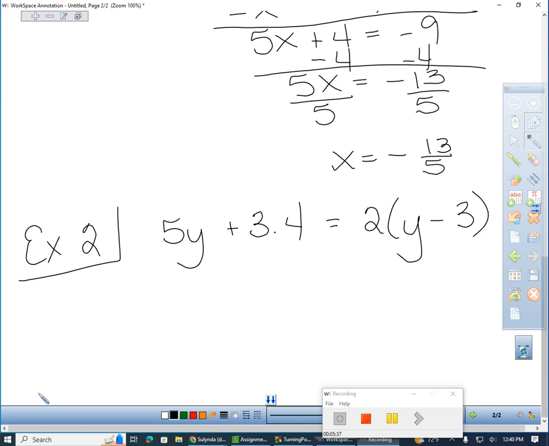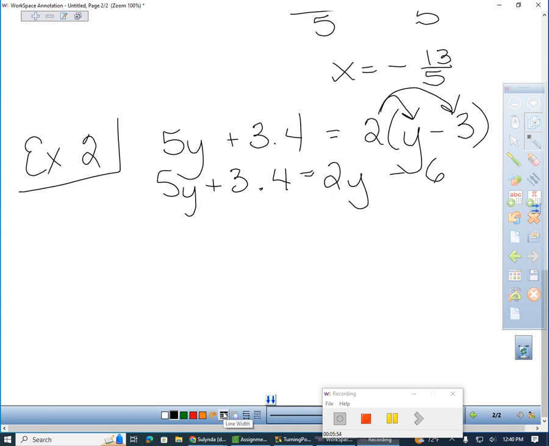So what do I have to do first? Good. So I have 5y plus 3.4 equals 2 times y is 2y. 2 times negative 3 is negative 6.